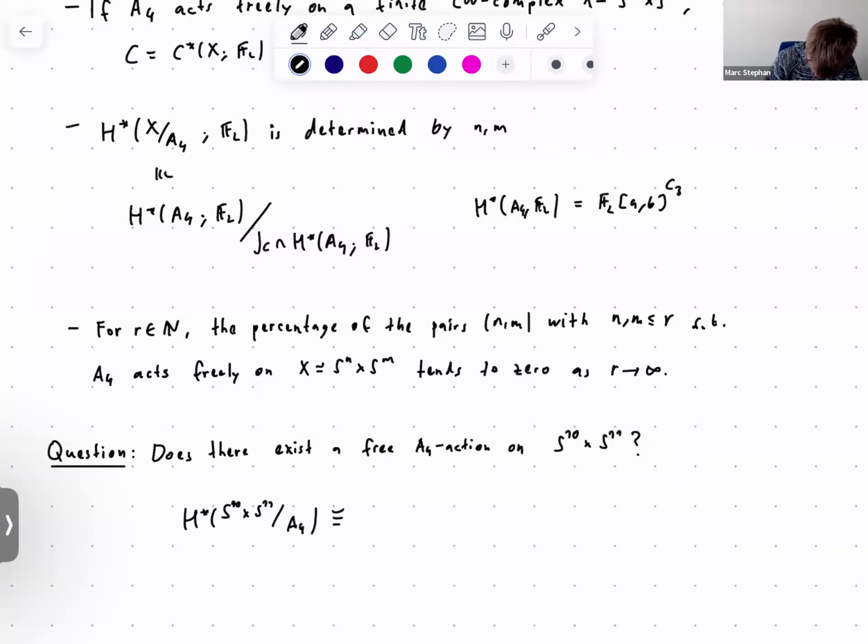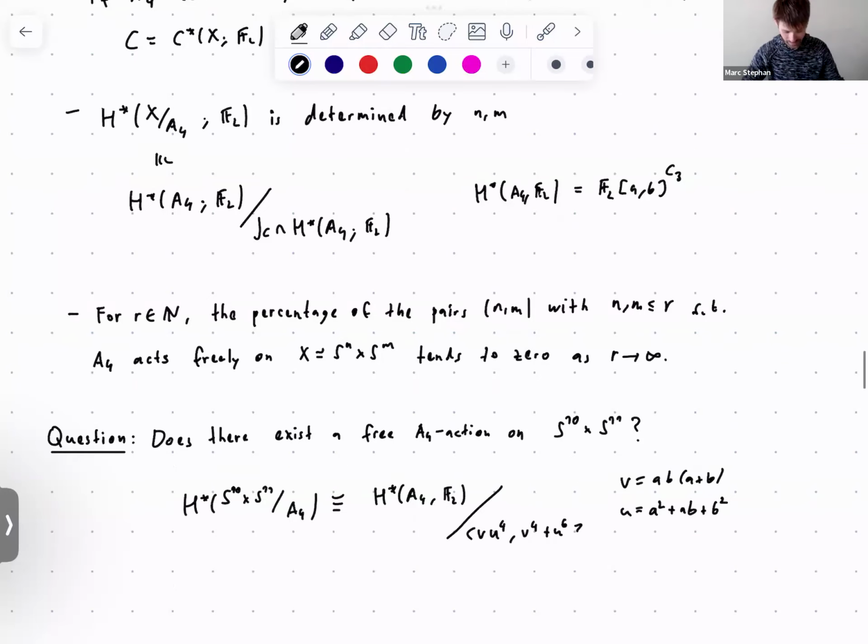It would be the cohomology of A4 where we divide out some parameter ideal, and this is generated by some V that I'll describe shortly, times U to the 4 and V to the 4 plus U to the 6, where V is AB times A plus B. It's an element of degree 3, and U is A squared plus AB plus B squared.